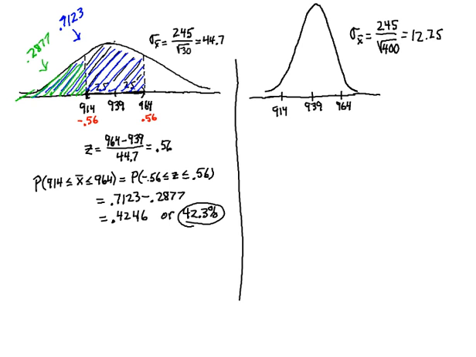$12.25. Now we're still wanting to do pretty much the same problem of finding the probability of being within $25 of the $939, which means we'll need to calculate the area under the density function above the interval. And the first thing we'll do is calculate the z-score of the 964.